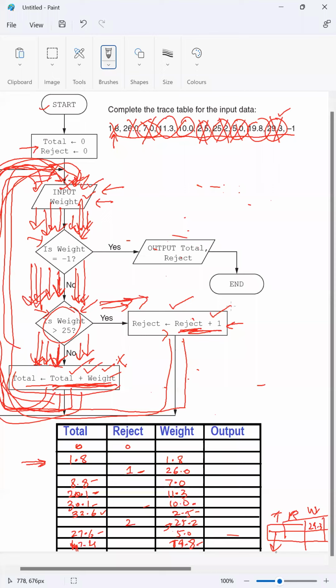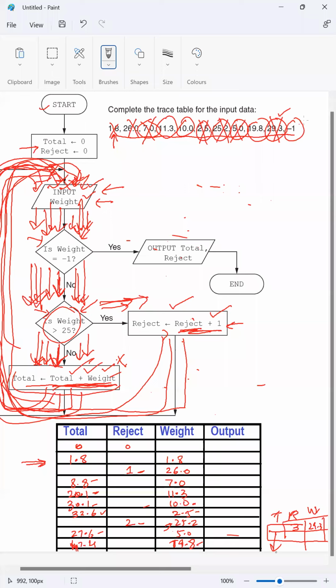The value of reject, right? And reject, most recent value is 2. So 2 plus 1 would give us 3, right? So we're going to update reject here. Once we've updated reject, we're just going to go back up the loop, take the next input.